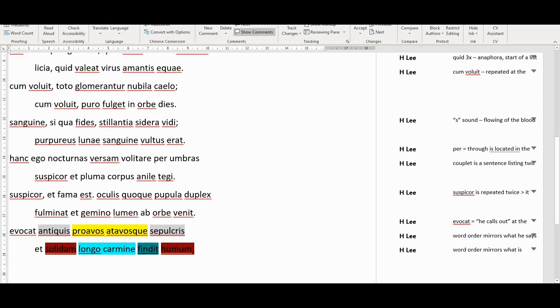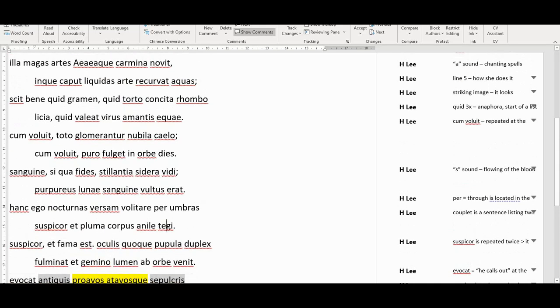The way that he says it in these four lines is that she just does it. The double pupil shines and light comes out. These ones are just the two things doing the verb. This one is the fact that she does it, she calls out and she splits. In this one, Ovid starts with I suspect, and he suspects two things: the fact that she flies around and the fact that she's covered.